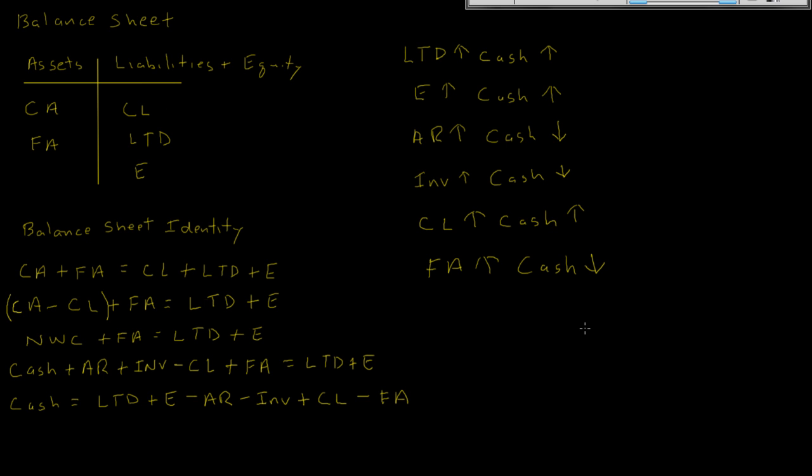So this gives you a better understanding of how cash is used and cash is raised by a corporation. And again, the best way to do that is to go back to the basics and go back to the balance sheet and the balance sheet identity and work systematically through it so you can understand what's a use of cash and what's a source of cash.